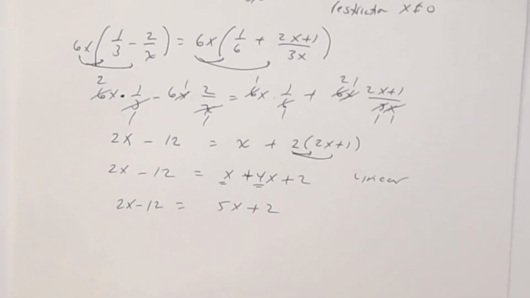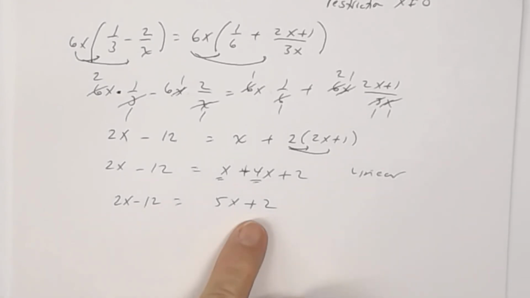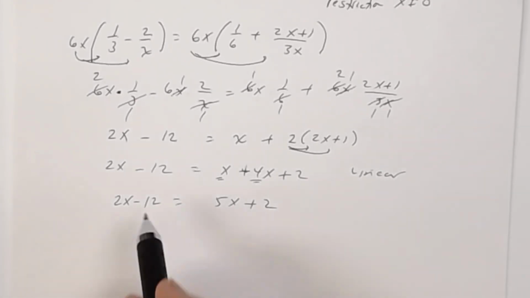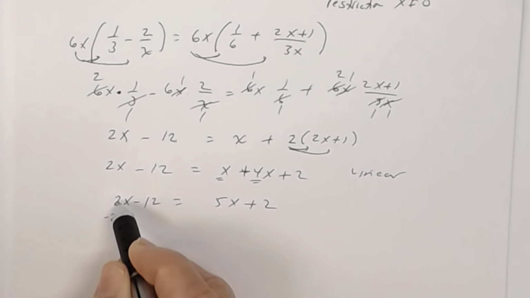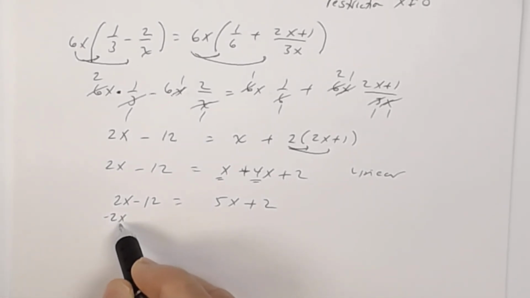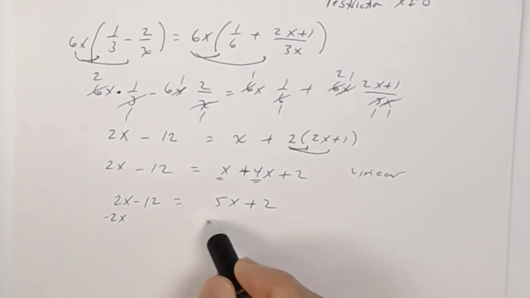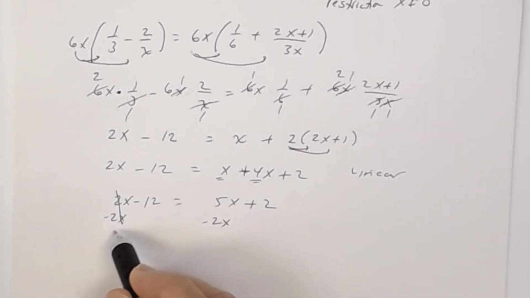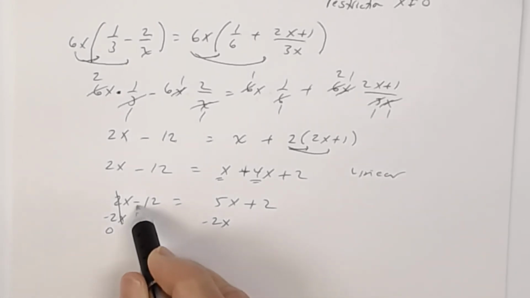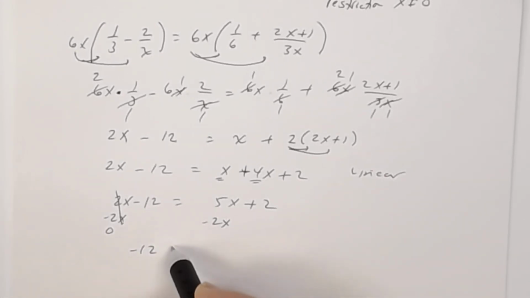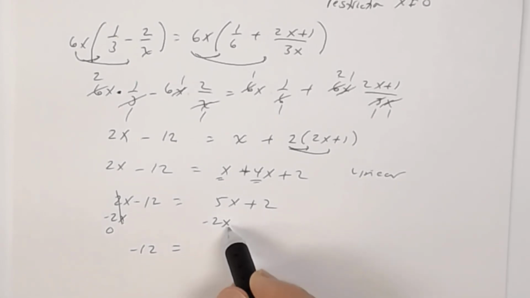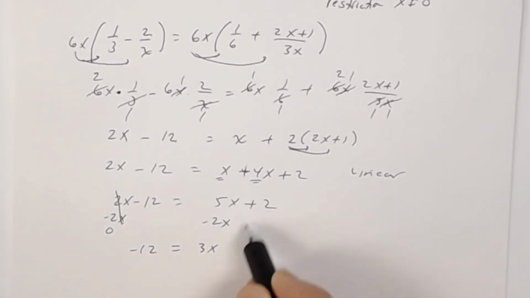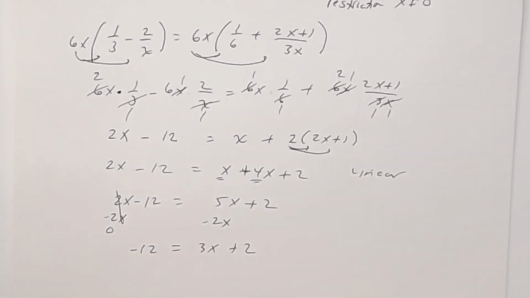And then let's just go ahead this time and bring all the variables to the right and the constants to the left. To get rid of the 2x, you have to subtract 2x because 2x and a negative 2x is 0. But what I do to one side, I do to the other. So let's align like terms. Now we're going to combine. This is 0. 0 and a negative 12 is a negative 12 equal 5x minus 2x is 3x plus 2.